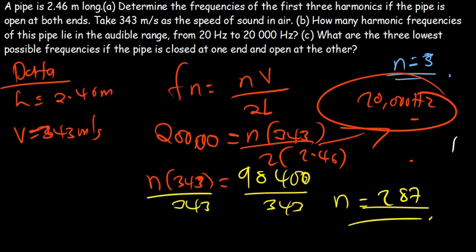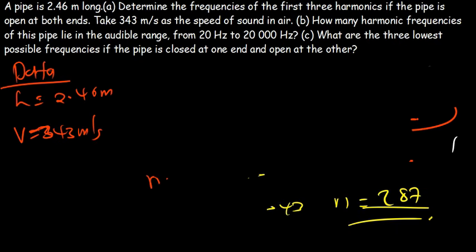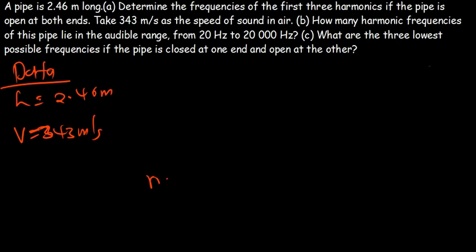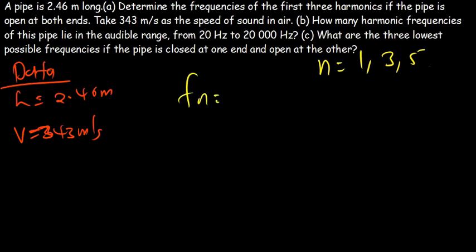Then what are the 3 lowest possible frequencies if the pipe is closed at one end? Remember the formula we came up with: if the pipe is closed at one end, n can only be the natural numbers 1, 3, 5. These will be the first 3 lowest. So Fn is equal to nv divided by 4L.